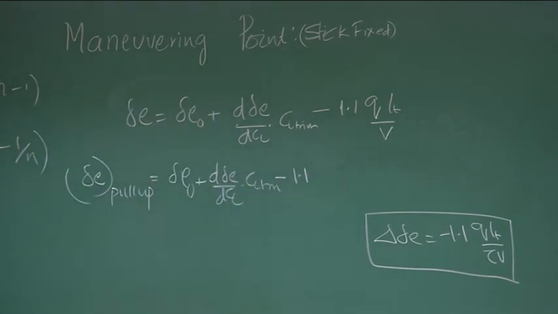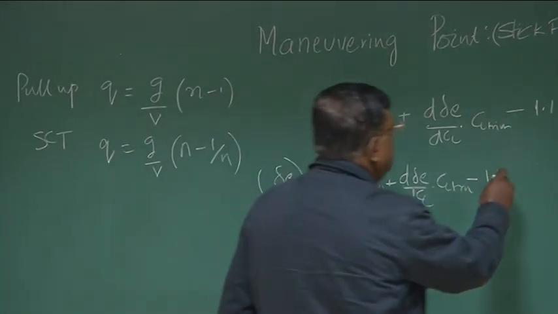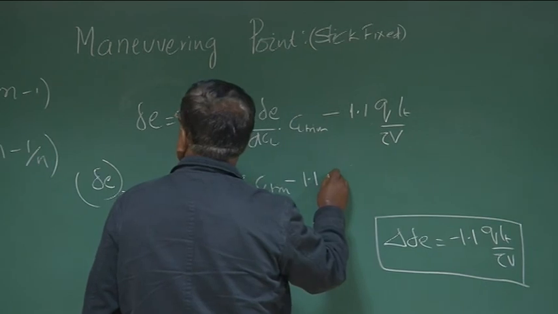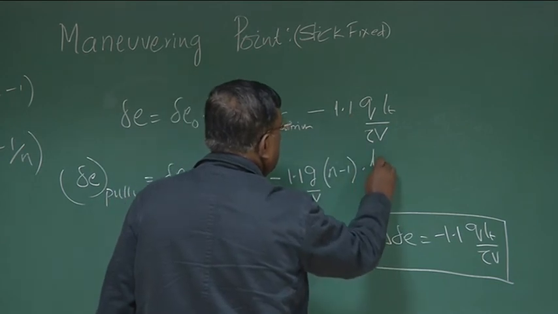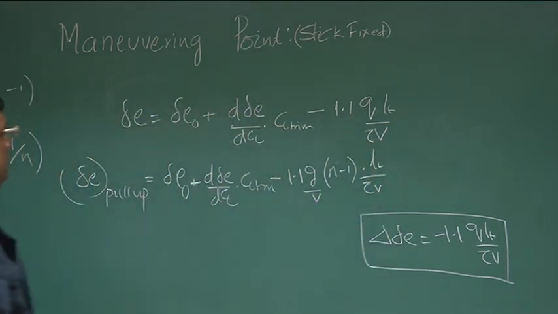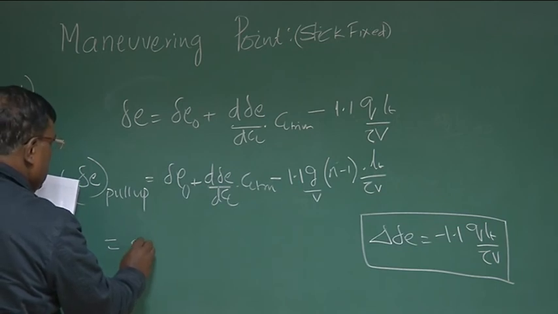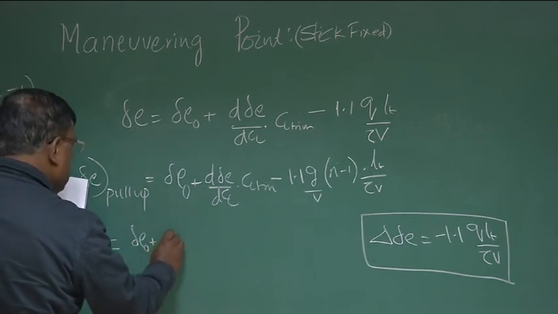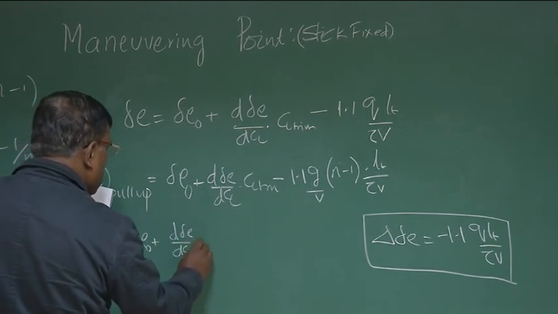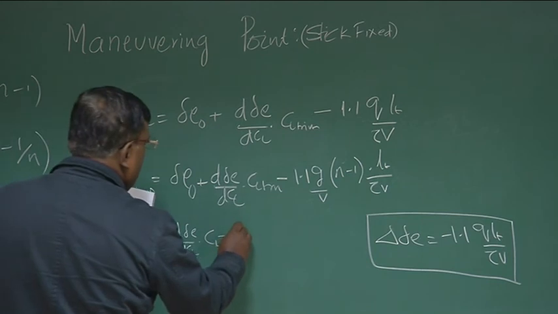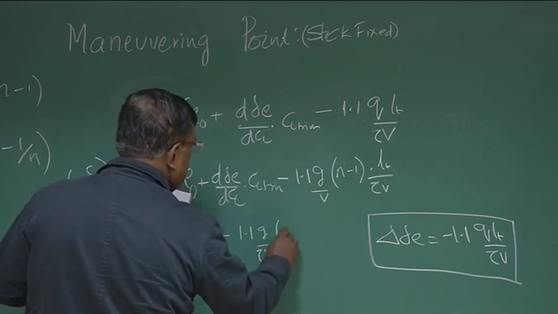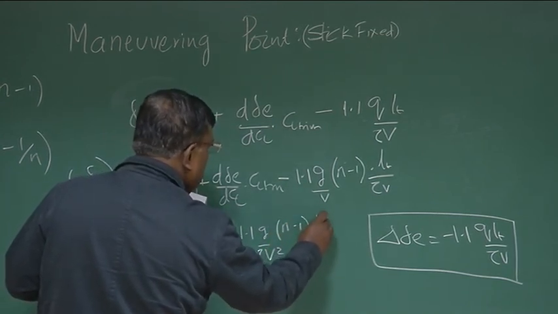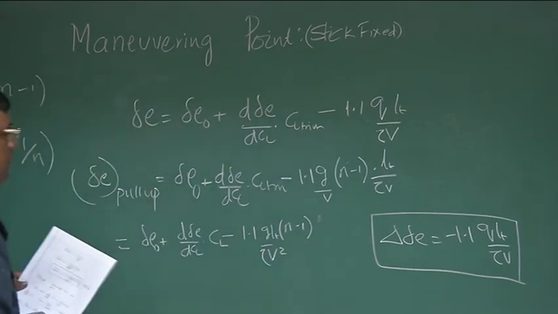In place of Q, I should put the expression for Q pull-up, which is G by V n minus 1, and here tau will come, Q into LT by tau V. So if I write this expression, I will get delta E pull-up equal to delta E naught plus d delta E by dCl into Cl minus 1.1 G by V square, and this is tau, n minus 1 into LT. So LT I can put it here. This we have done last time, right?